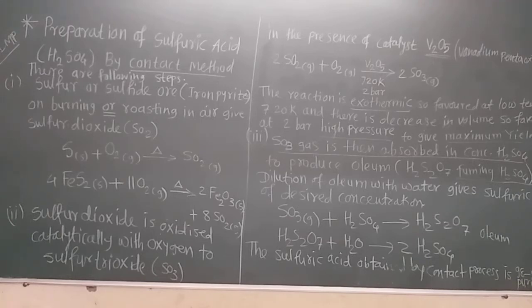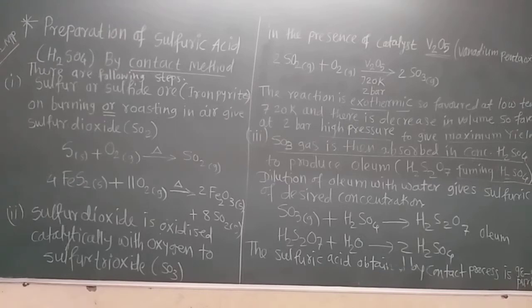So how is sulfuric acid prepared? There are three main steps of preparation of sulfuric acid. First we have to obtain the sulfur dioxide gas.